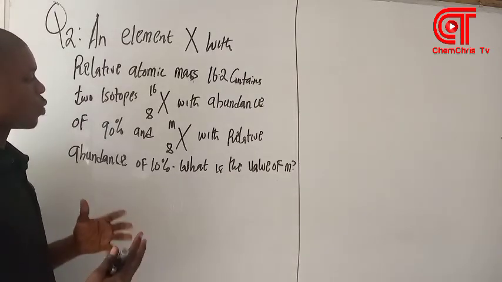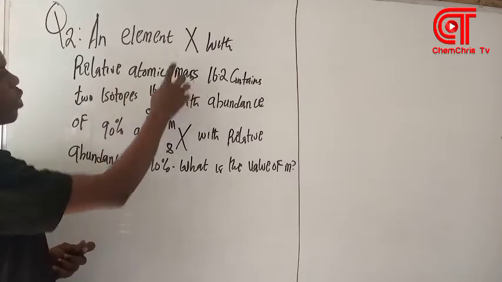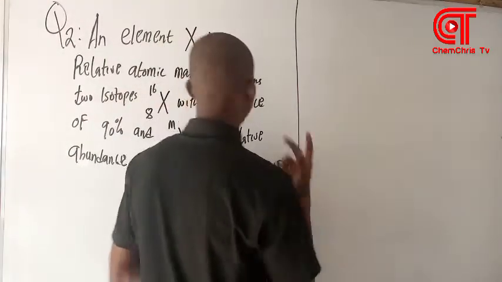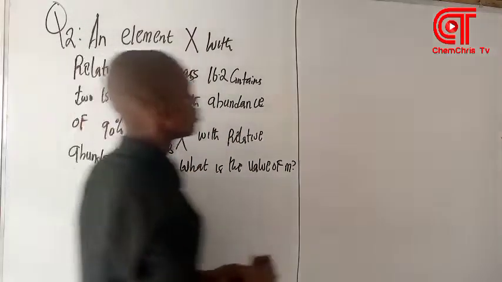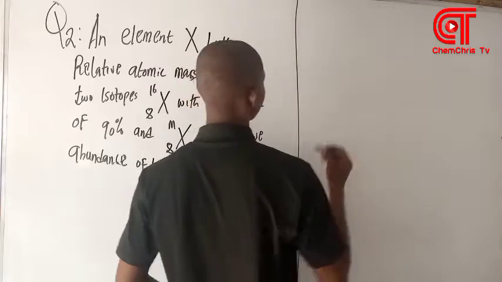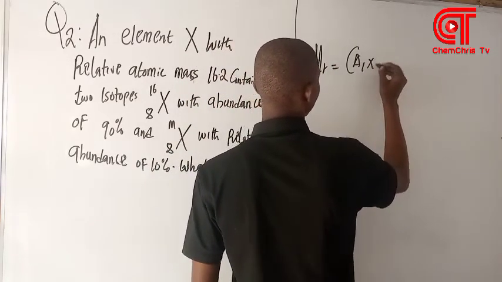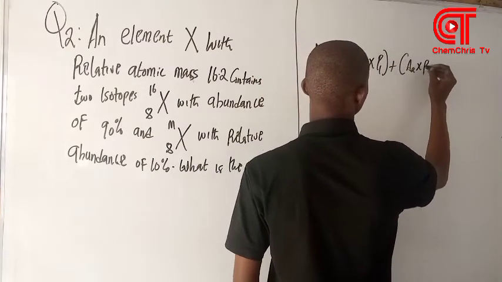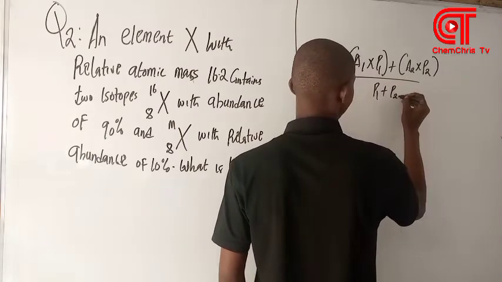Now when you look at this question here, they gave the relative atomic mass of the element X, which was 16.2. So in saying that, this element contains only two isotopes. So here we have MR equals to A1 times P1 plus A2 times P2 over P1 plus P2.